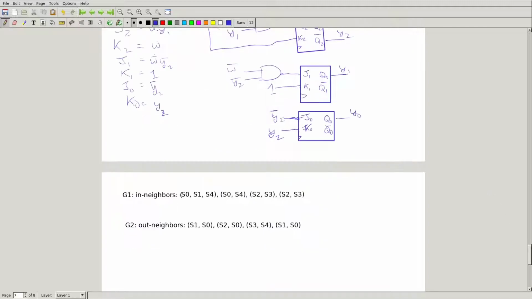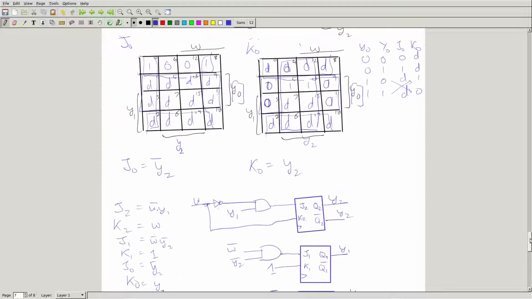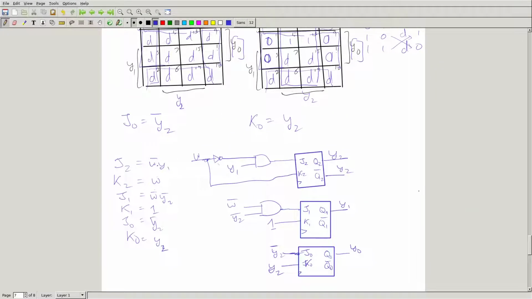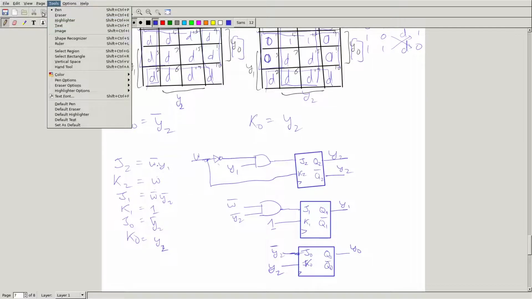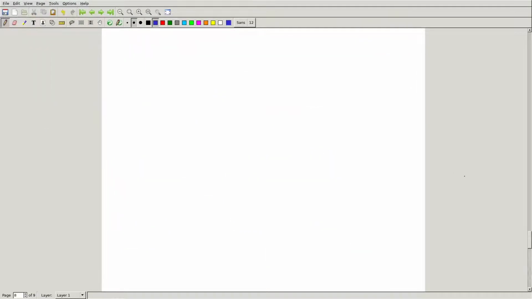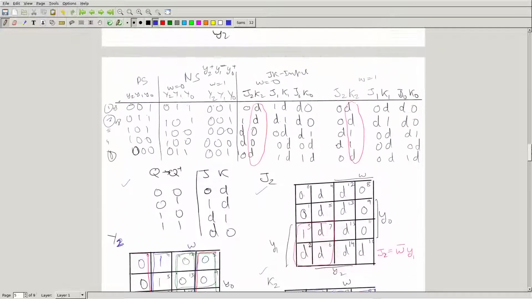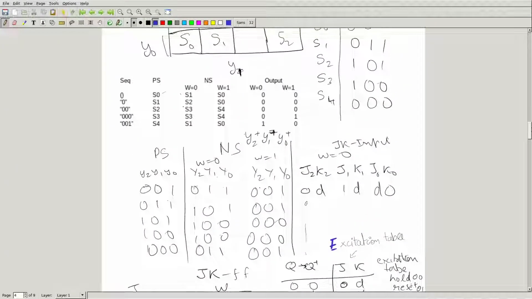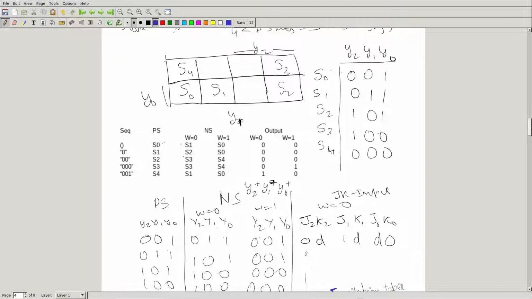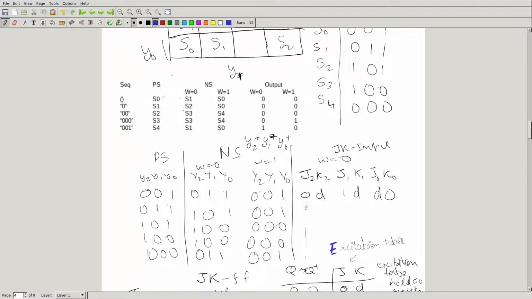So there's still one more part of the circuit remaining, and that is the output. For that we create another page and go back to our state assigned table.